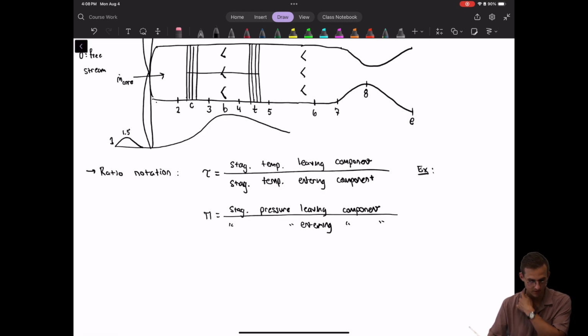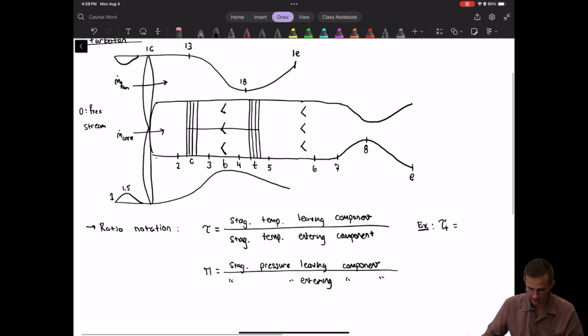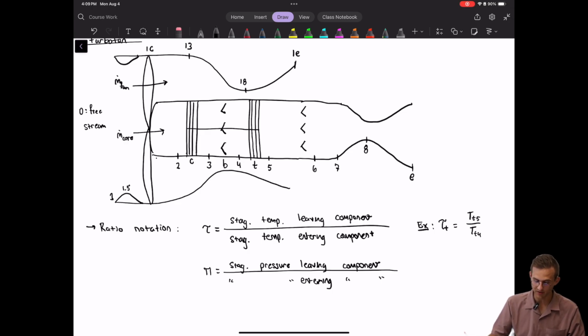So some examples of this. We have tau T, the temperature ratio across the turbine, which using our engine labeling scheme is TT5 over TT4. It's always going to be TT5 over TT4 because that's the way the notation works. So the turbine is always split between station 5 and 4.